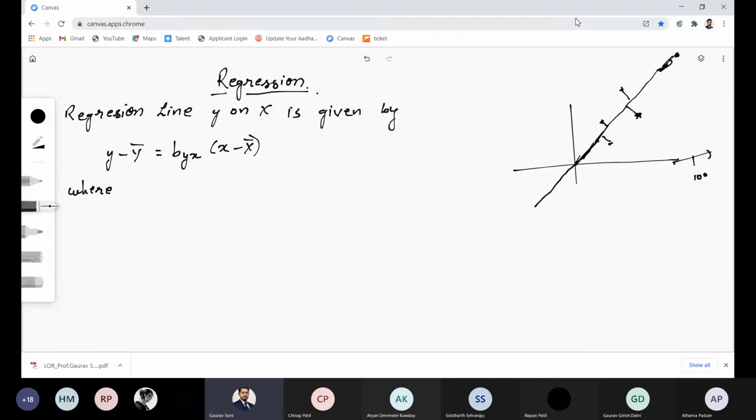So y minus y bar is equal to byx times x minus x bar.